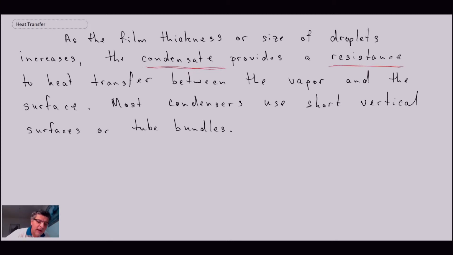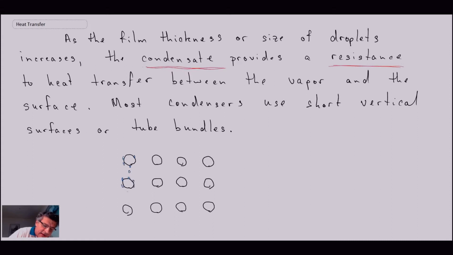And so if you look at a condensing unit whereby you have tubes that might be arranged in something like this, and we'll be looking at this type of scenario later on, this would be what they refer to as shell side condensation. So the condensation is occurring on the outside of the tubes, but by having these tube bundles like this, you'll get droplets forming, and then the liquid will drip down and go on to the next surface.